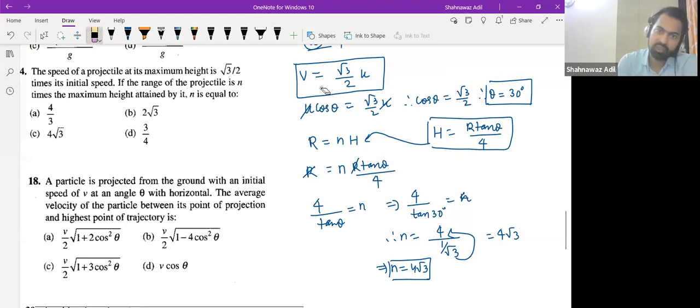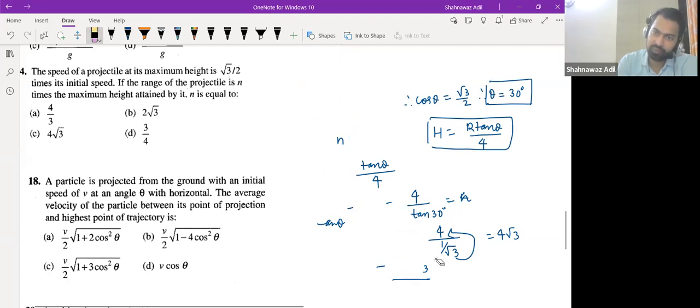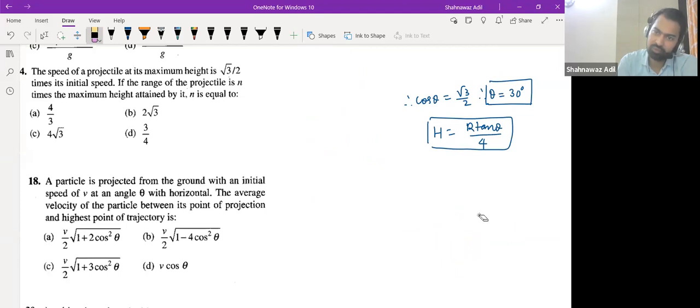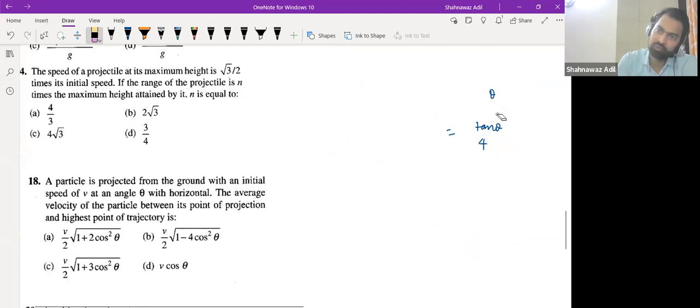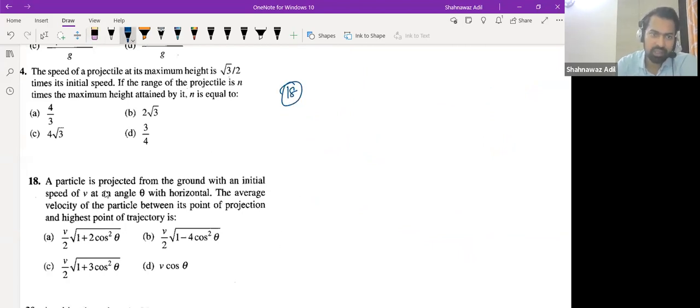So now, let us do the next question. Okay, so a particle is projected from the ground with an initial speed of v. Right, so the initial speed is given.